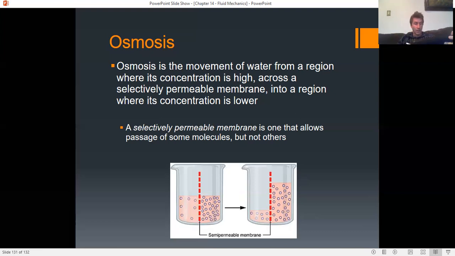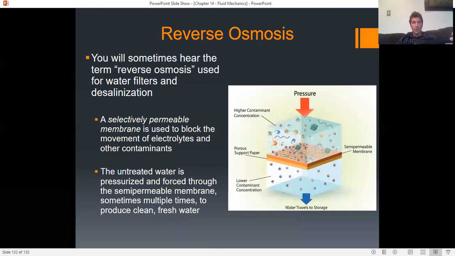We actually can use a process called reverse osmosis to purify water. Let's say we have salt water on this side, and we push the water through the semi-permeable membrane. Well, salt can't go through the membrane. So what that'll do is, in what we call reverse osmosis, create pure water on one side of the barrier and leave all the contaminants on the other side of the barrier.